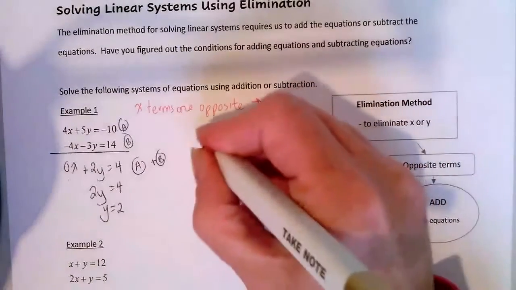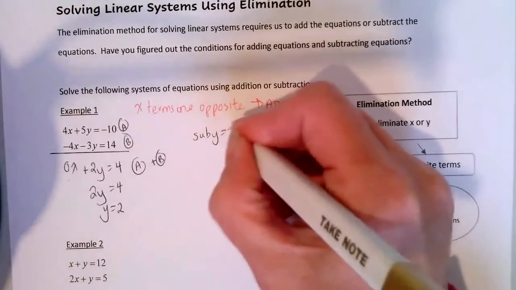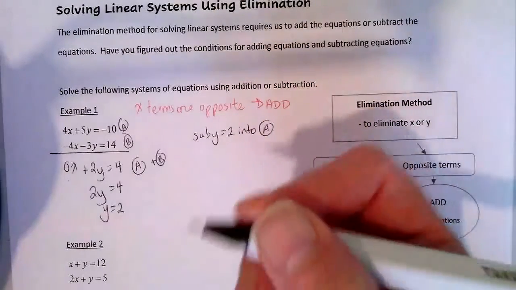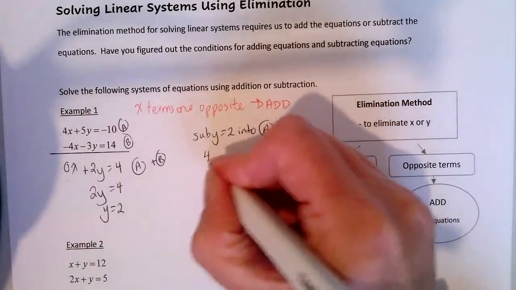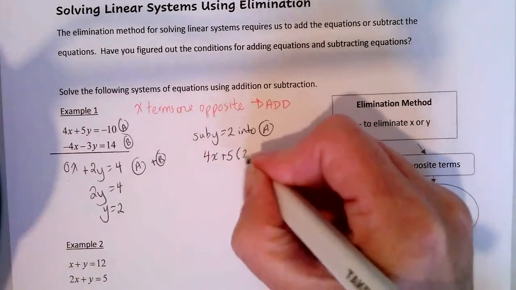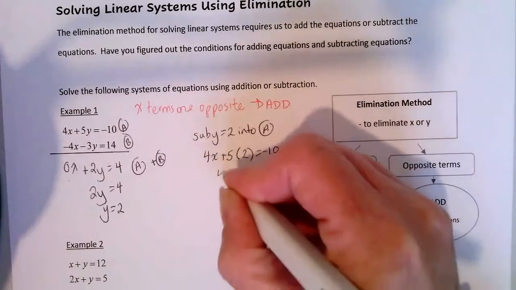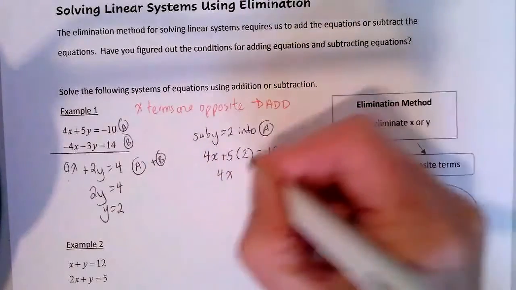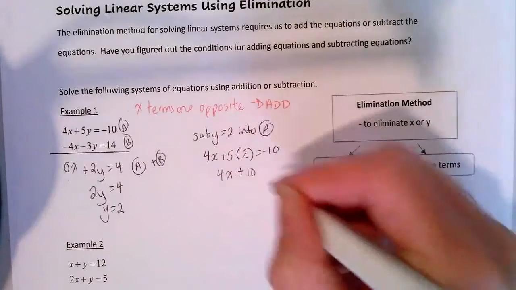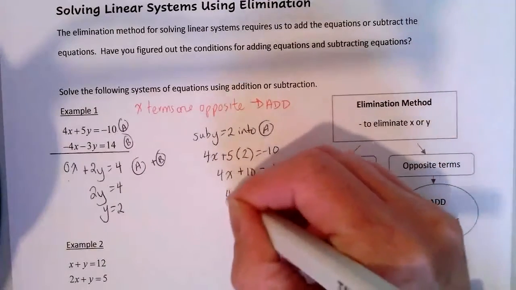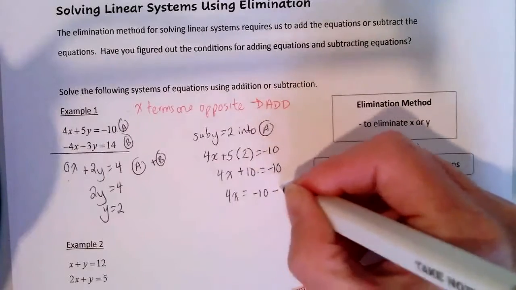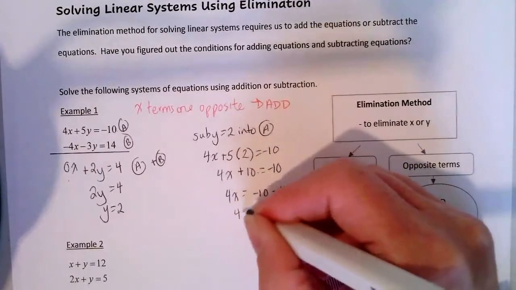Then to find x, we are going to substitute y equals 2 into either equation A or B. It's your choice. I'm going to choose A. So we'll have 4x plus 5, replace the y with a 2, and then we're going to do the multiplication, and then I'm going to isolate the 4x by moving the positive 10 to the opposite side, so I'm transposing.